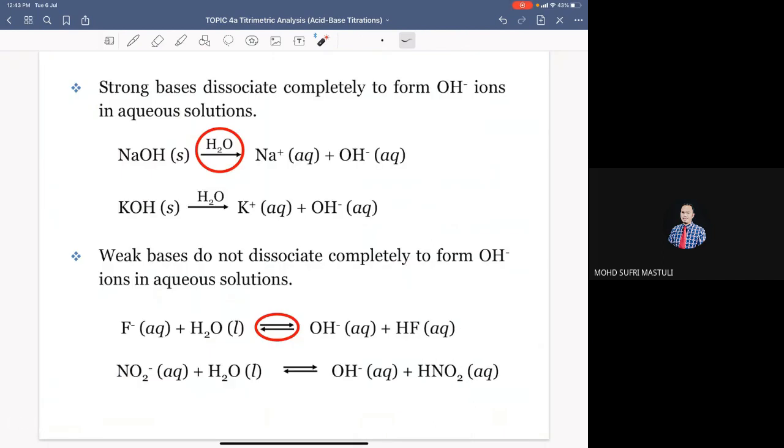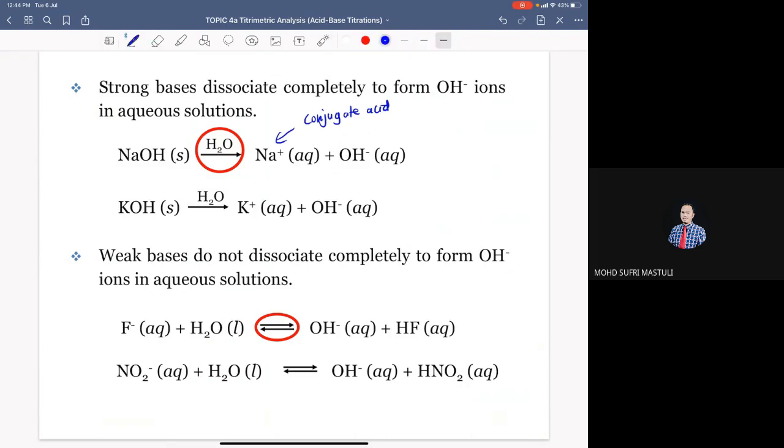As I mentioned just now, a strong base dissociates completely to form hydroxide ion in aqueous solution. Dissociates completely means the arrow is a single arrow. So the base will be dissociated to form OH minus. What is left over we call the conjugate acid, a species formed after removing a proton.